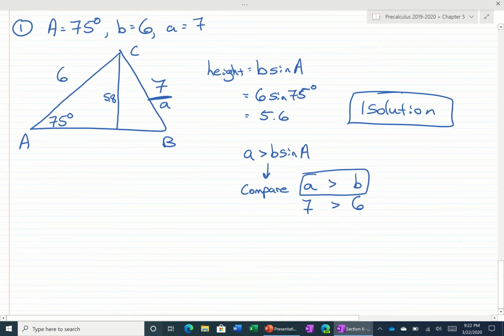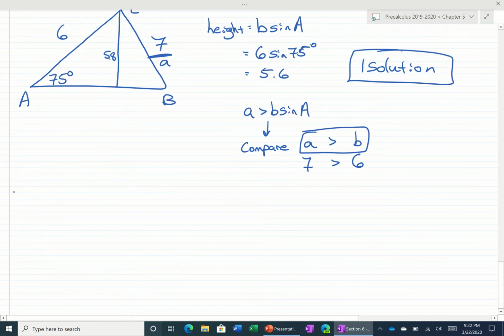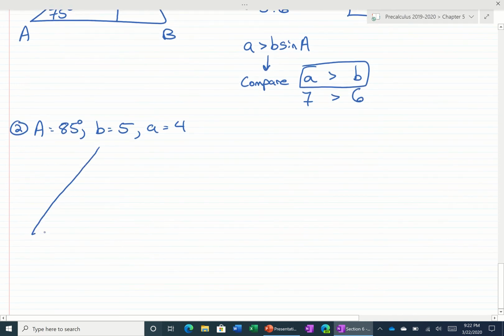Alright, let's try 2 more. What if I told you angle A was 85 degrees, side B was 5, and side A is 4? Let's draw a triangle, and then we're going to find the height.